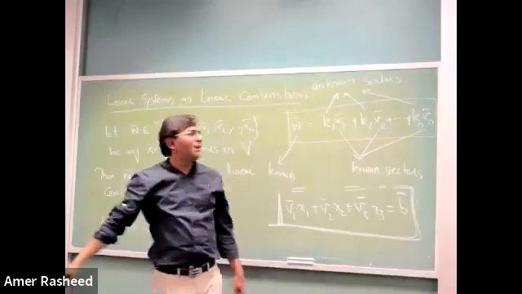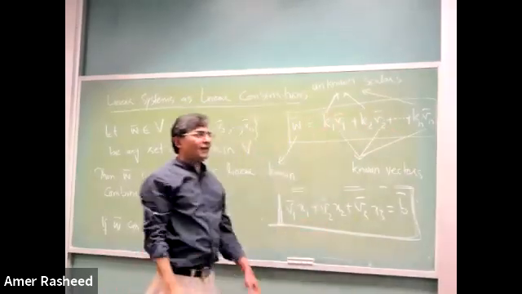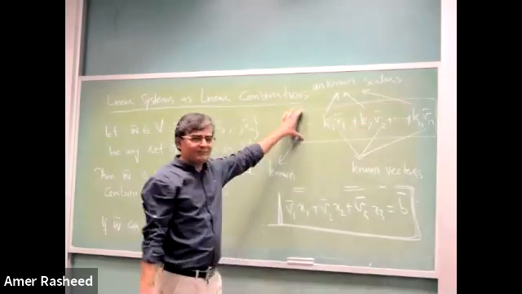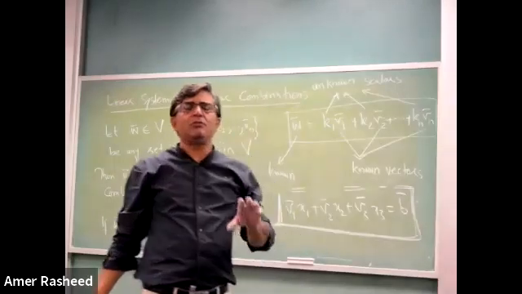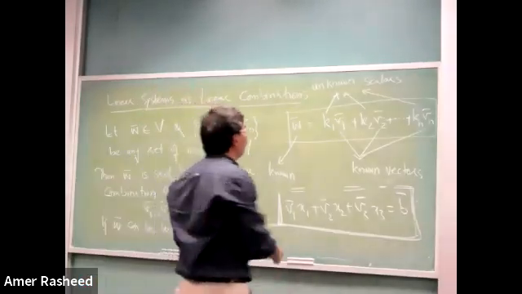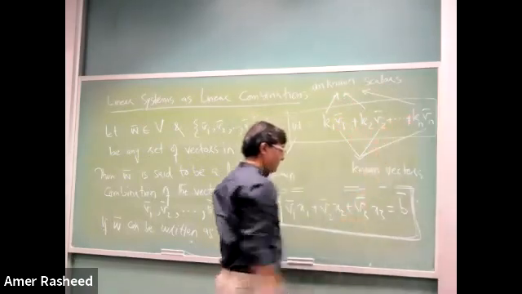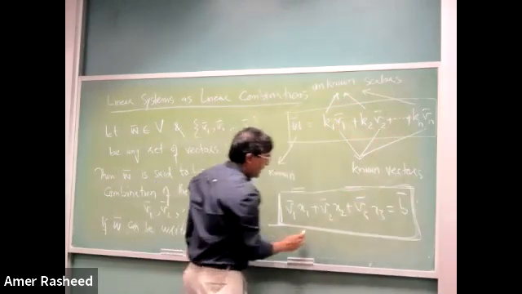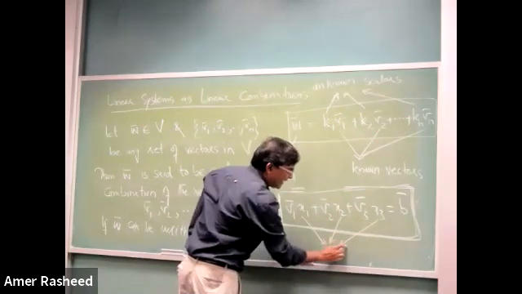In fact, what is this thing? This is a non-homogeneous linear system. And we can solve this non-homogeneous linear system in order to find the values of these unknown scalars, k1, k2, so on, kn. As we have seen here that in this non-homogeneous linear system, unknown scalars are what? x1, x2, and x3. These are unknown scalars.